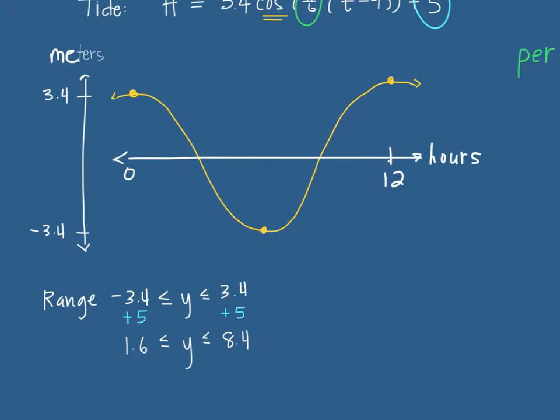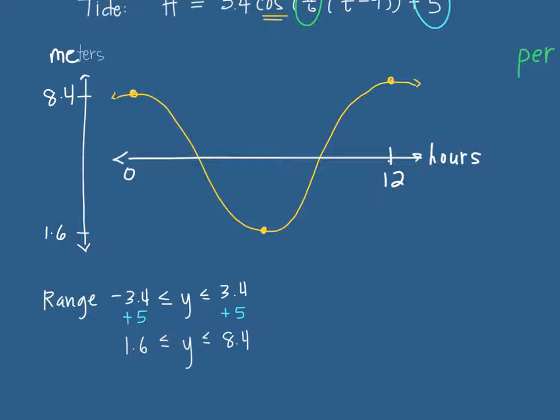And so what you want to do on your meters axis is just change those numbers. You don't have to drag your graph anywhere. Just erase the low and the high value and change it on your scale. So we will have 1.6 and 8.4.